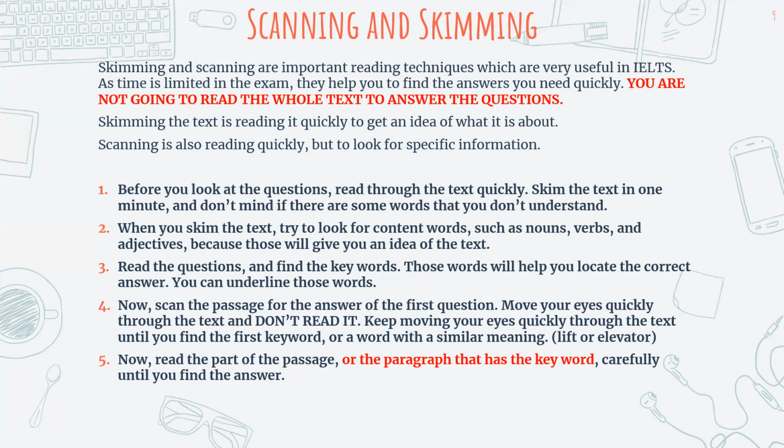Then you will read this paragraph that has the keyword carefully until you find the answer. Usually, you will not read the whole paragraph. Maybe the sentence that has the keyword or the following sentence and so on. So maybe you will be reading 2 to 3 sentences only.